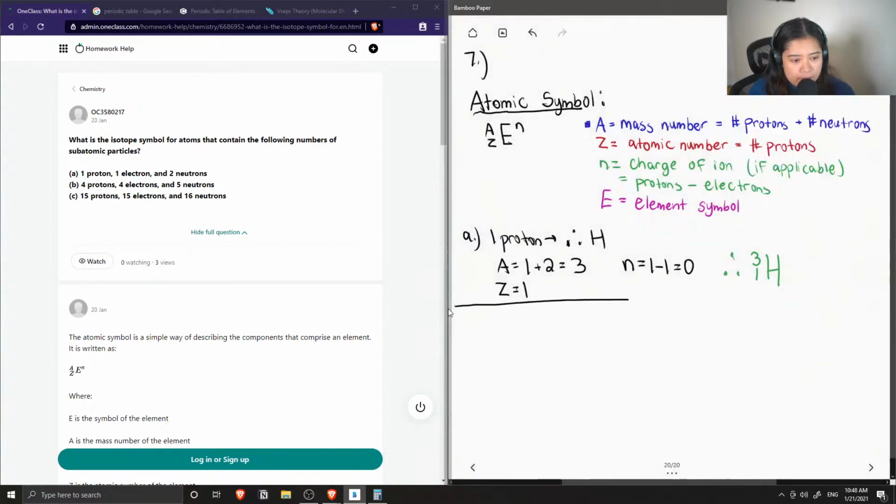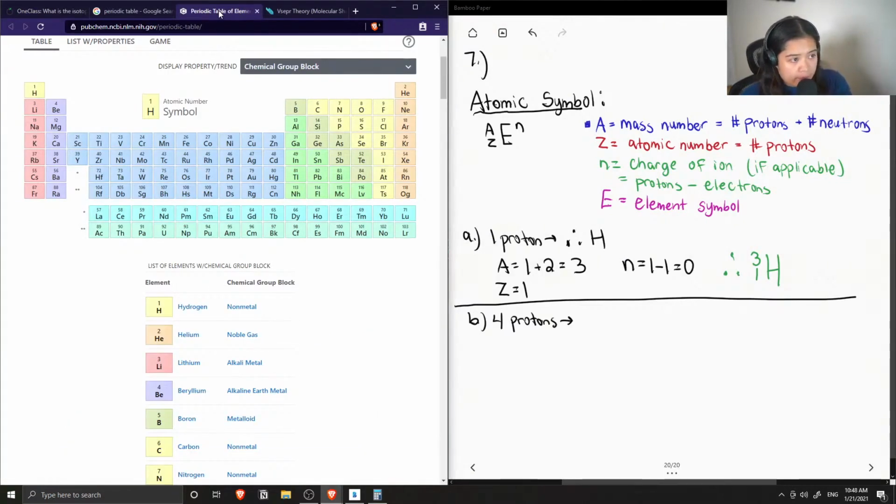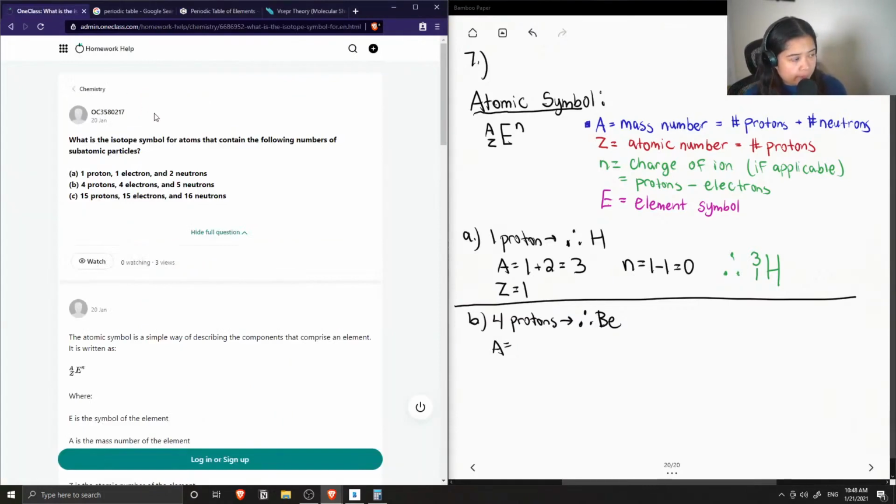So now let's do the second part. We have 4 protons. So let's try to find out what element this is, again using the periodic table. Beryllium is the element that has 4 protons. So let me say, therefore, beryllium. Let's now calculate the mass number. So protons plus neutrons.